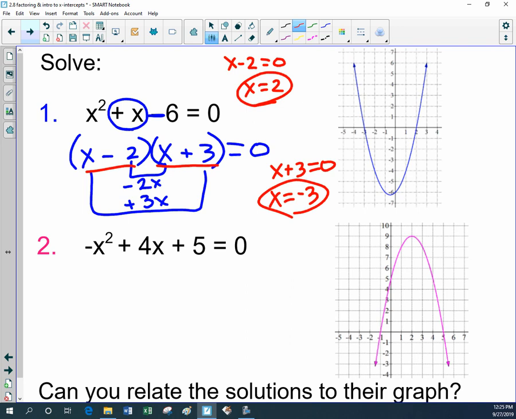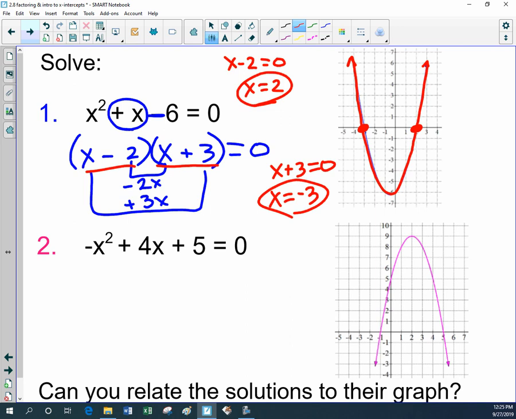Our two solutions, x equals 2 and x equals negative 3, those 2 points represent where the graph crosses the x-axis. This graph right here is called a parabola. And these 2 points here are solutions or roots. It's where it crosses the x-axis.